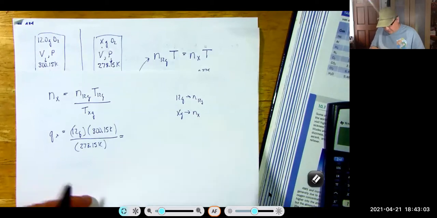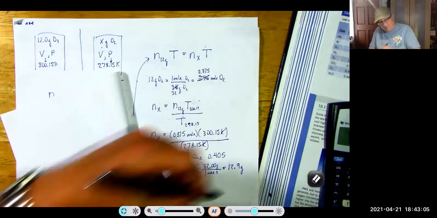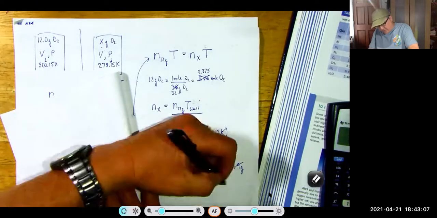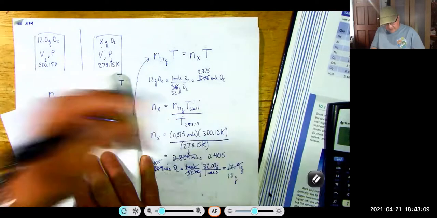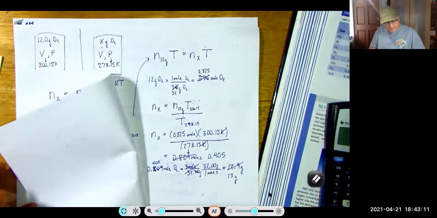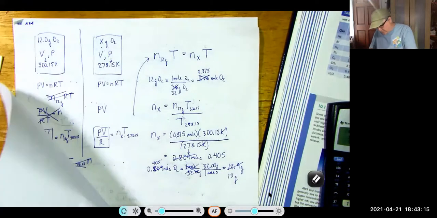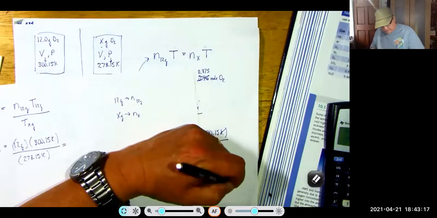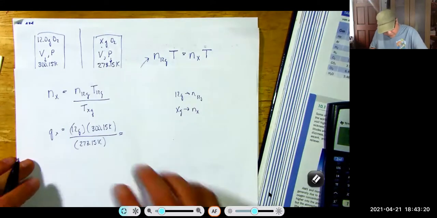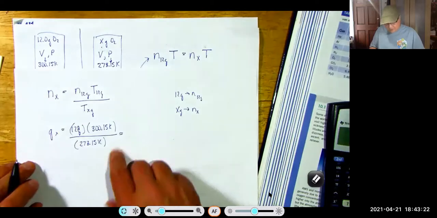I should remind you here that this 12.9 grams would be rounded to 13 grams, 2 sig figs because of the 12 way up here. Well, actually, we got to use 12.0, so it would be 12.9. Okay, so that's 12.0. Let's see what we get using this ratio.